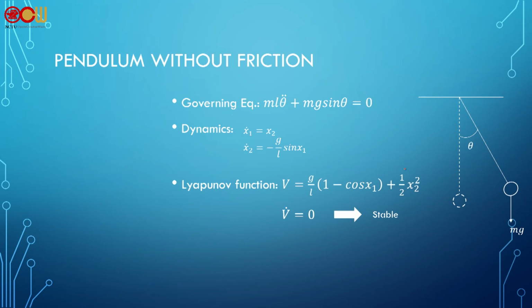It doesn't converge to 0, but it doesn't go anywhere. In this example, the best you can conclude is stable, because you don't have any friction here. So the energy doesn't go anywhere. It's free motion. There's no friction. So it makes sense for v to be constant, or v dot to be 0. It just oscillates forever.